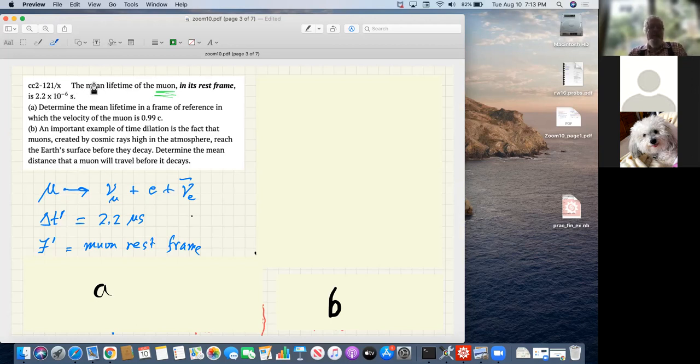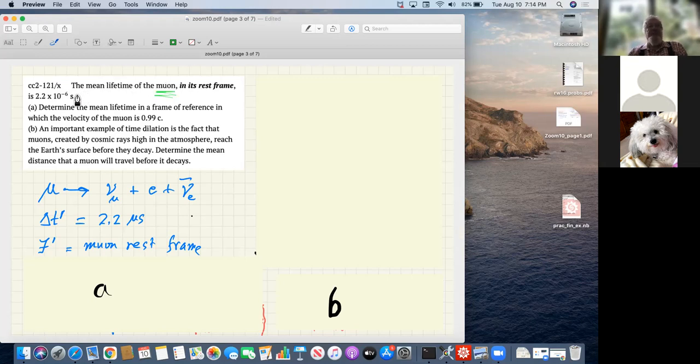You can create muons in various ways, but in particular, they're created by collisions between cosmic rays and atmospheric molecules. But they don't last forever. They only last 2 microseconds in their rest frame.